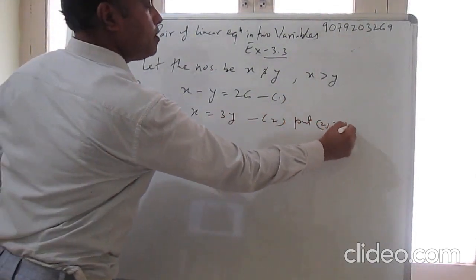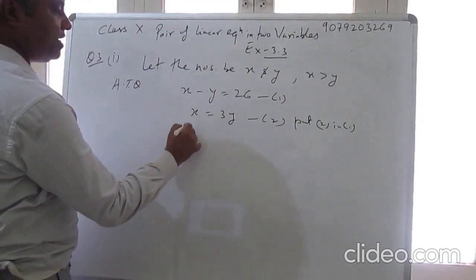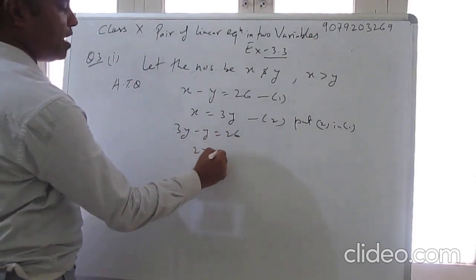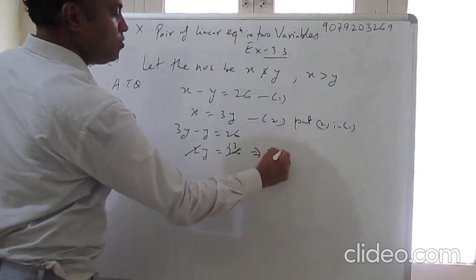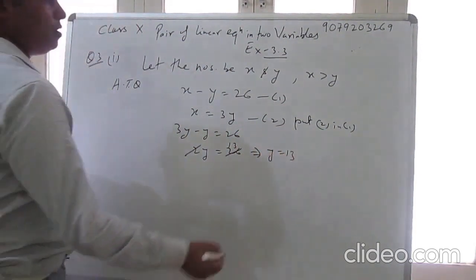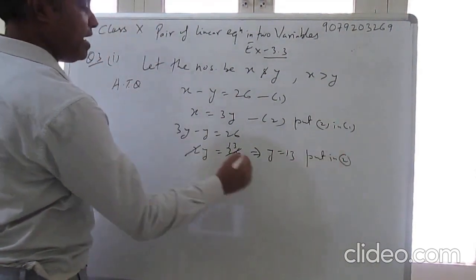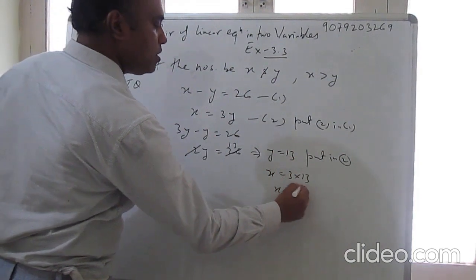We get, removing x, 3y minus y is equal to 26. 2y is equal to 26. This implies y is equal to 13. Put in 2, you will get x is equal to 3 into 13, x is equal to 39.